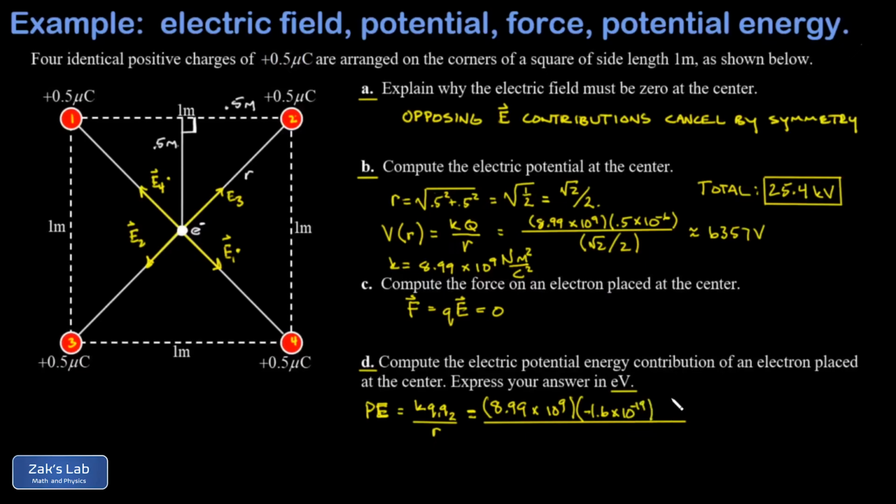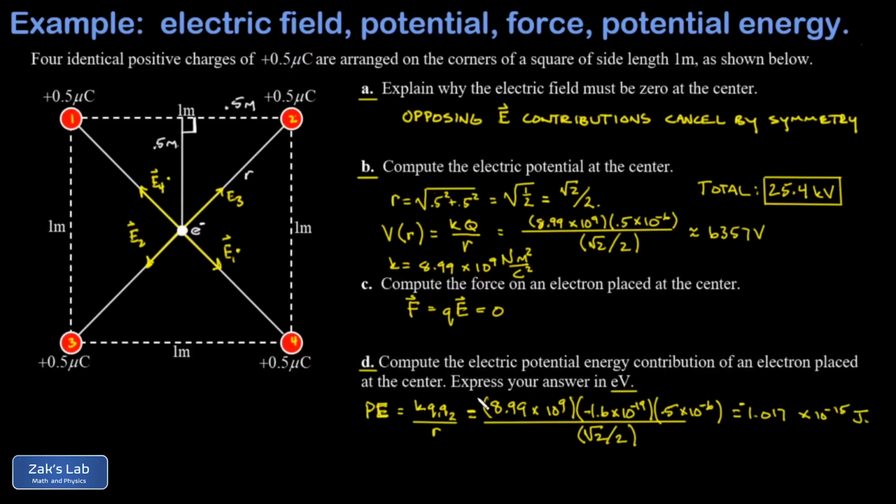That's where we're going to get our minus sign for the potential energy. And if it's interacting with just one of the charges for this calculation, that's 0.5 times 10 to the negative 6. And then our separation distance, again, was the square root 2 over 2. When we run the numbers on this, we get about 1.017, and it should be negative, times 10 to the negative 15 joules.